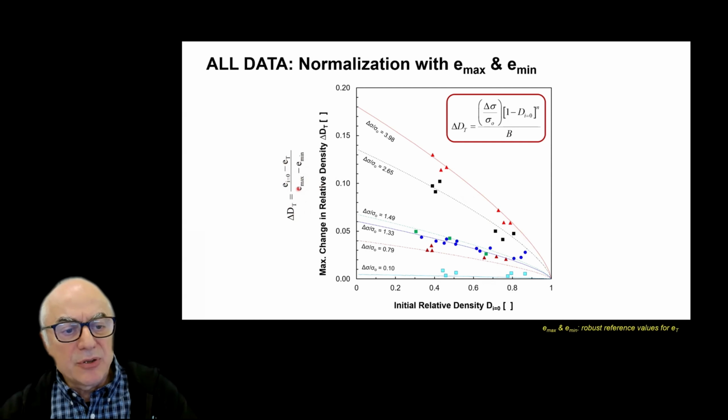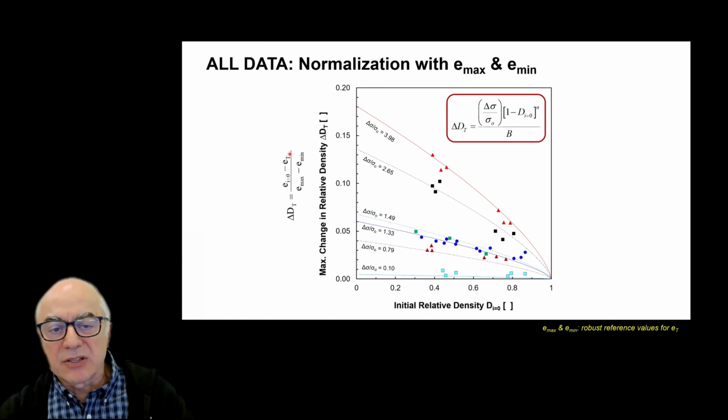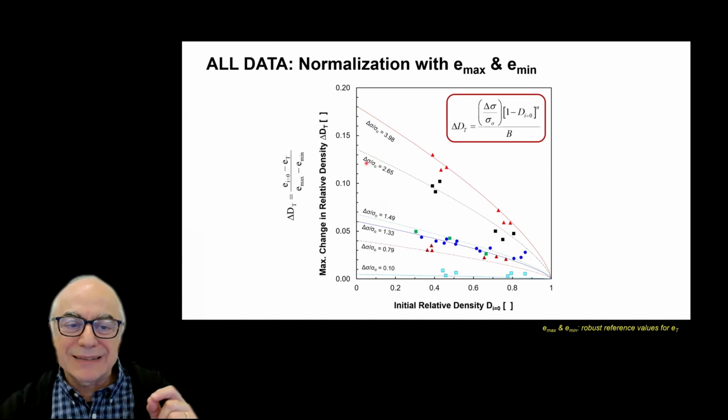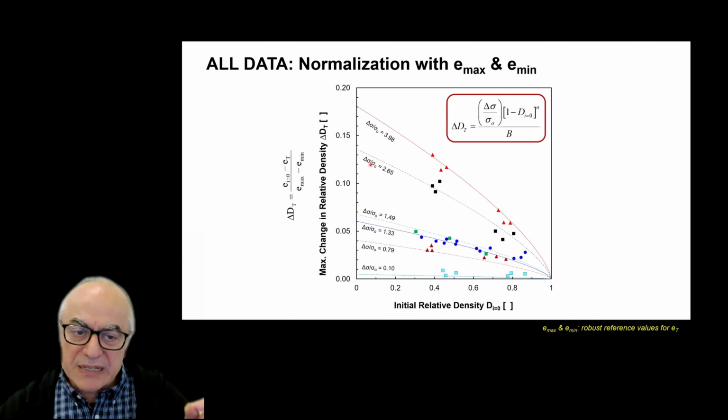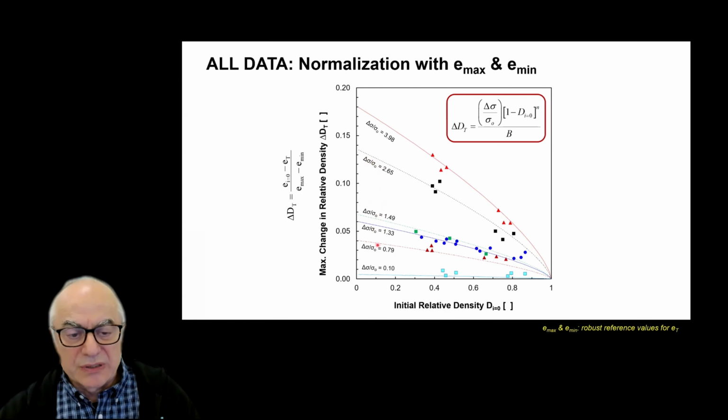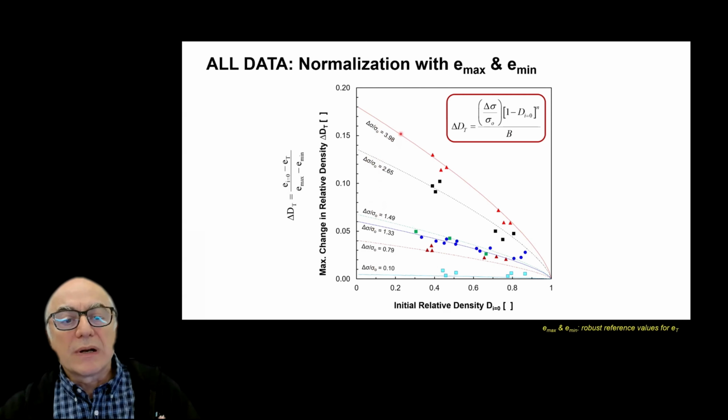And so this double normalization of the initial condition and the terminal condition allows us to collapse all the data onto single trends, where each trend reflects a different stress change per cycle compared to the initial stress in the cycle. Conclusion: the higher the stress change versus the initial stress, the lower the terminal density will be.